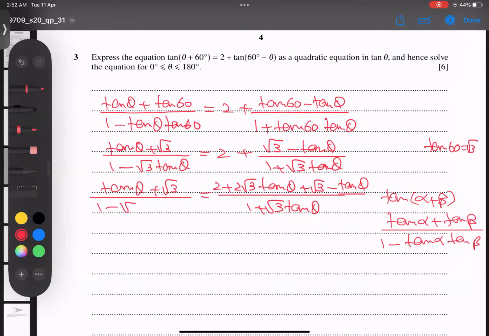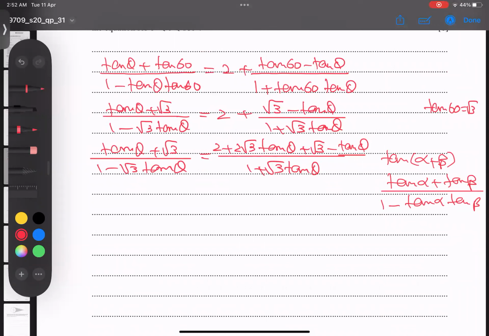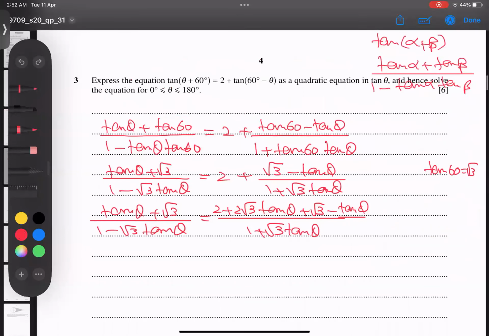A lot of patience is required in this kind of question. Okay. Now, what technique do we have left? Cross multiply. So we have to do it very carefully. So 1 multiply both. Wait a minute. Again, I think I have to drag it up.